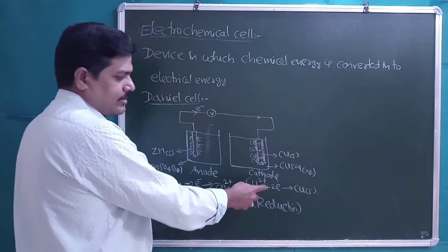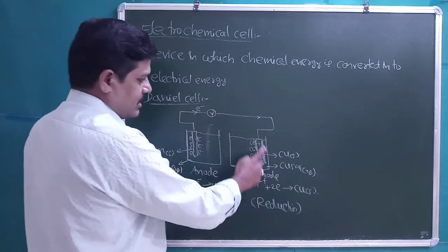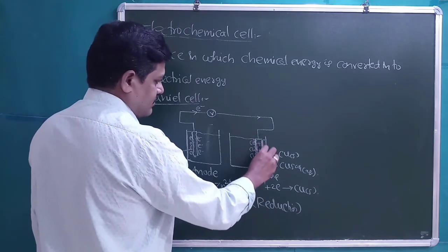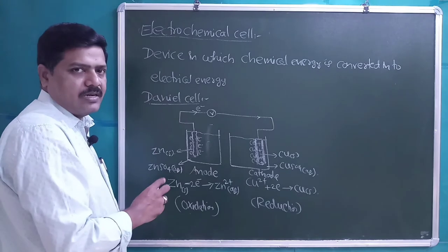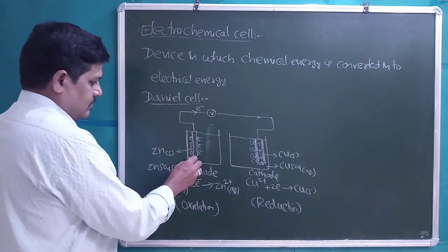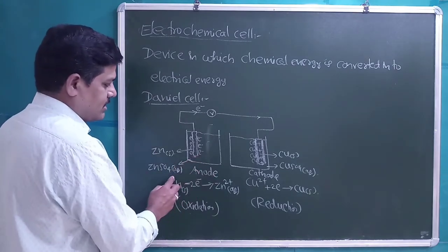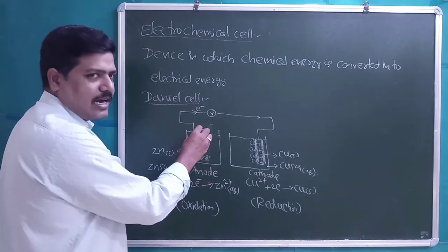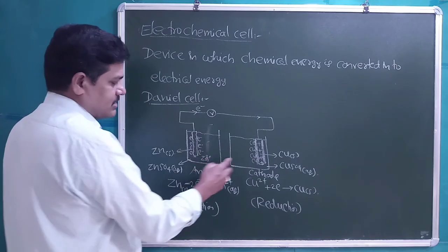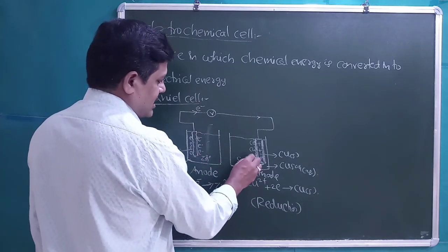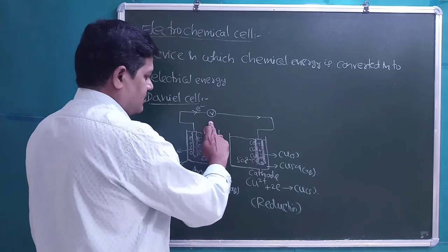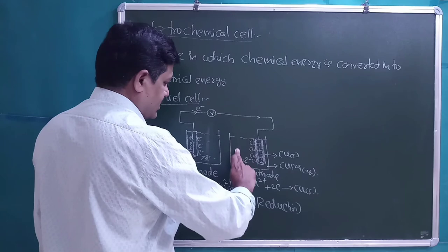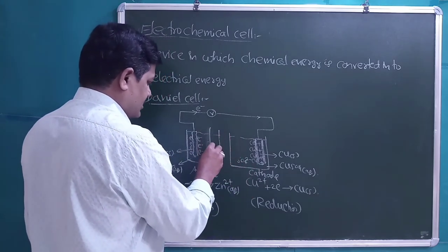Cu2+ ions present in the solution get deposited on it. With time, accumulation of Zn2+ ions takes place, because neutral zinc atoms are converting into Zn2+. Here accumulation of charge takes place, so no current will flow. To maintain electroneutrality of the cell, we use an equipment called a salt bridge.